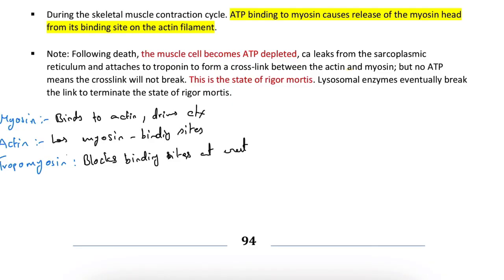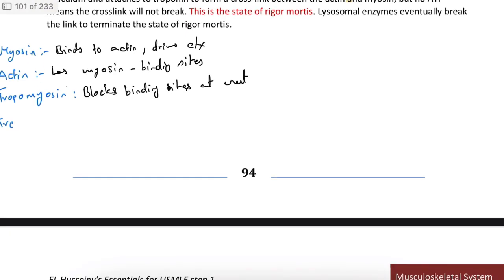And next one, troponin, troponin C. The function of troponin C is that it binds calcium to initiate contraction.